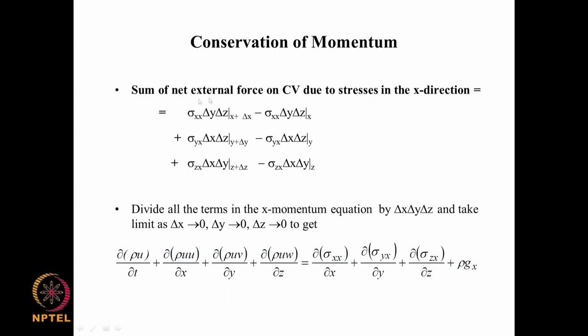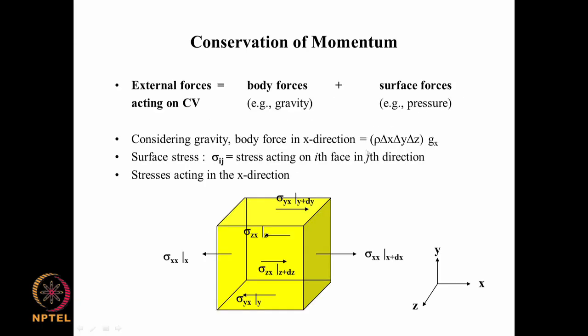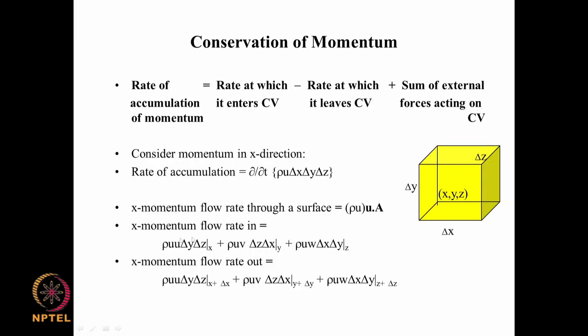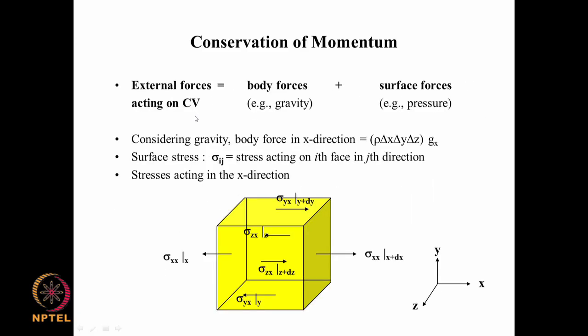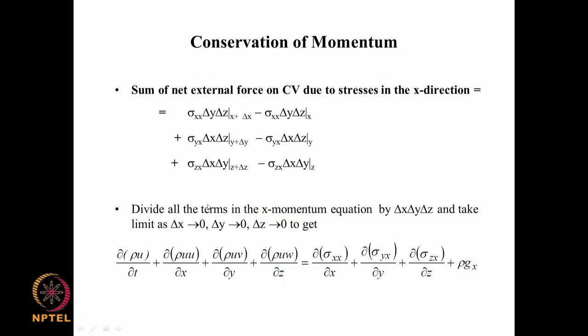So, we have here a mathematical expression for the sum of net external forces, and we have the component from the net external body force, and then we have expressions for net momentum flow rate in, net momentum flow rate out, and the rate of accumulation of x momentum. All this can be substituted here and we get an overall expression.